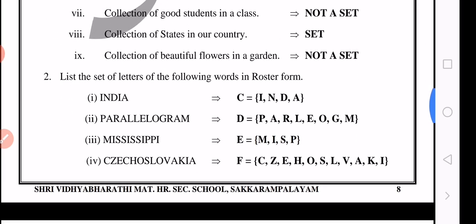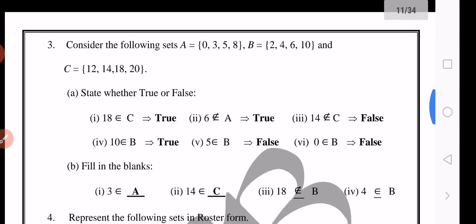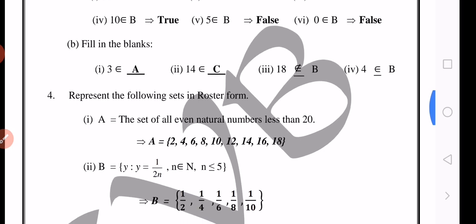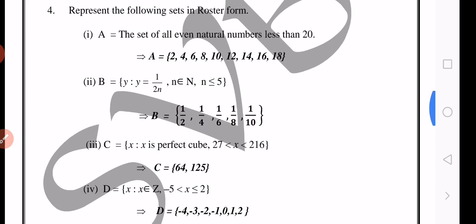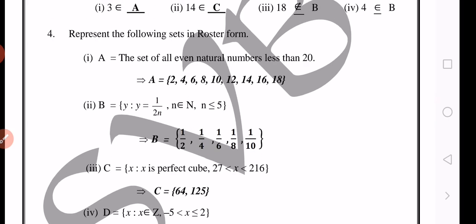The second one, list the set of letters of the following words in roster form: India, parallelogram, and so on. And the third one, true or false. And the fourth one, now come to today's class, fourth one answer. So we check this material to write the note.